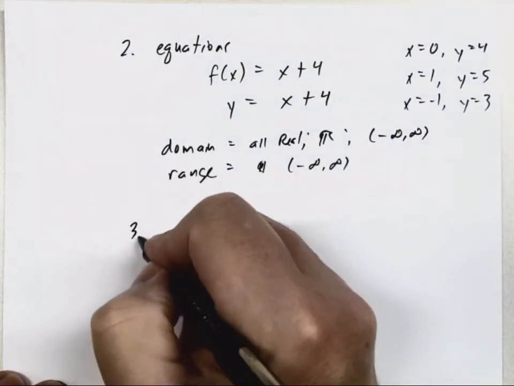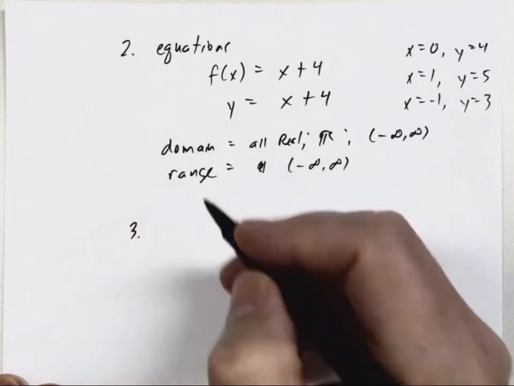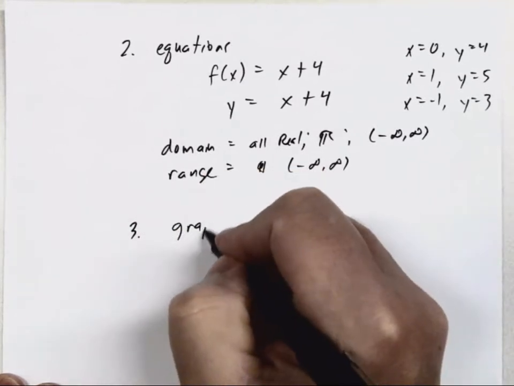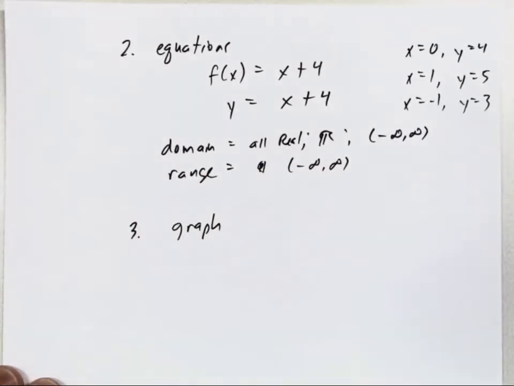Now the third type of relationship we oftentimes like to talk about is a graph. Once again, a relationship tells us how x and y are related.